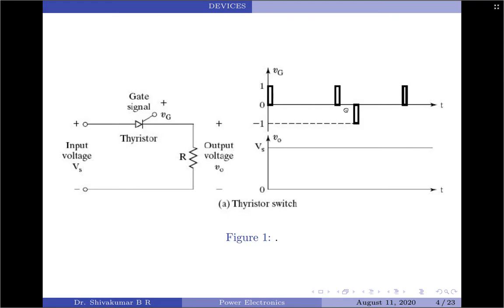And even if you provide a negative gate pulse, as you can see here, the output is still going to be the same. So the gate voltage is only used for turning on a thyristor, and once the thyristor is on, the gate loses any control over it and the thyristor continues to conduct. Now this has to be noted because it is only for DC.